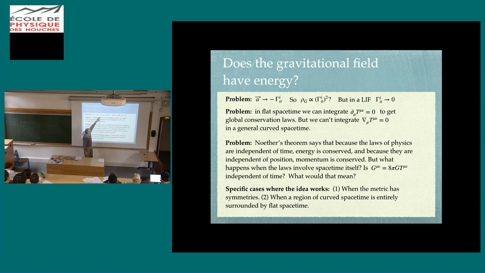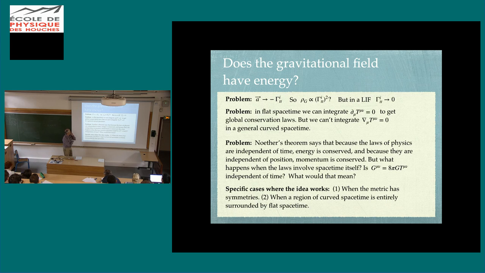Okay, and so I should have maybe a gravitational field energy density that's proportional to that field vector squared. That's sort of the normal thing that we do. But what's the problem with that? Well, in a locally inertial frame, all the Christoffel symbols go away. So what's the energy density of the gravitational field? Looks like it's 0.